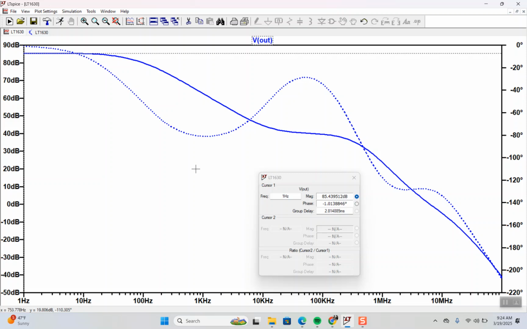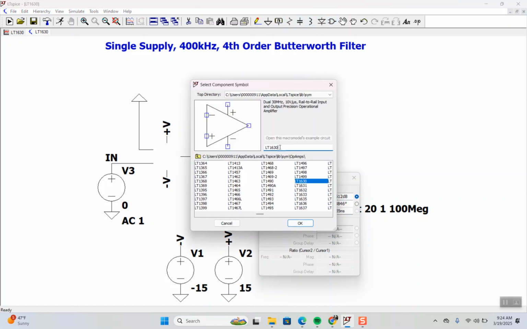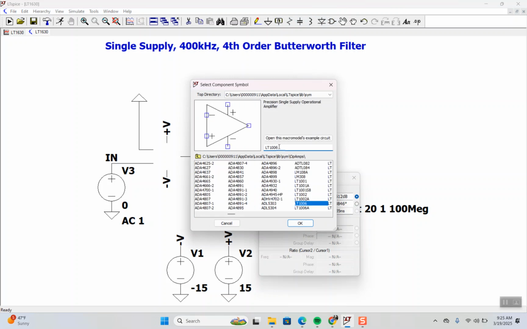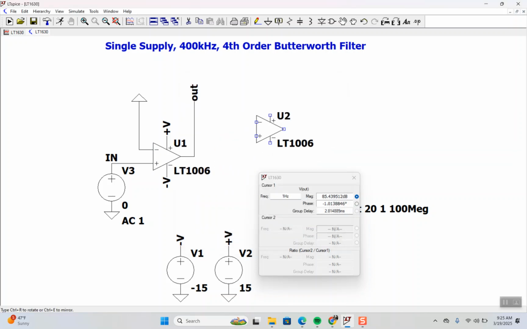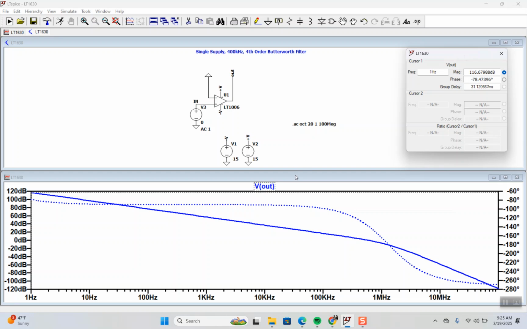But I don't know. I like the part. But we can swap out parts. Okay, run it. Okay. Now, the shape isn't looking quite right, maybe to your eyes.